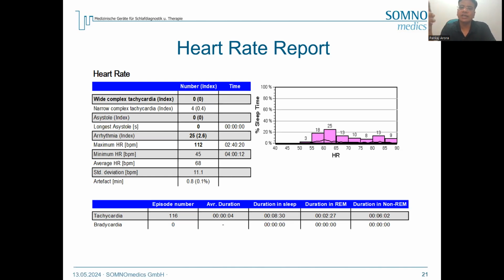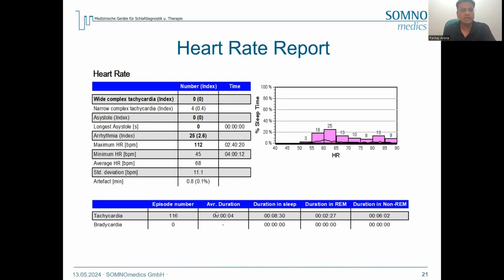So we need to look at how the heart rate is behaving. This will give you a comprehensive heart rate report, giving you the maximum heart rate during sleep, the minimum heart rate during sleep, whether the patient is going into tachycardia or bradycardia, or having tachypnea or bradypnea.